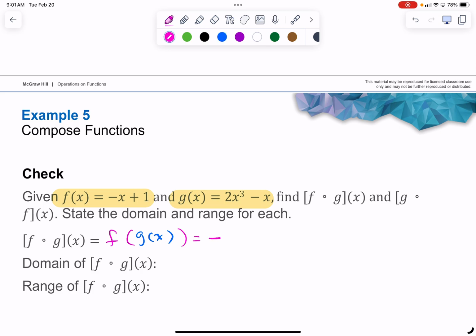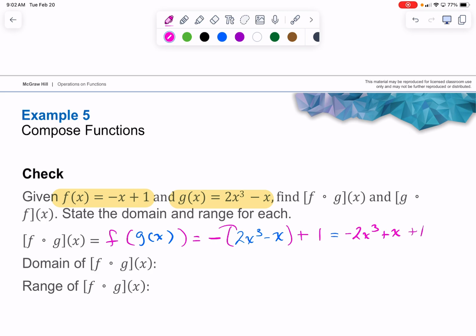So I have a negative x plus 1, and inside that is going to go all of 2x cubed minus x. Okay? That's going to equal negative 2x cubed plus x plus 1.